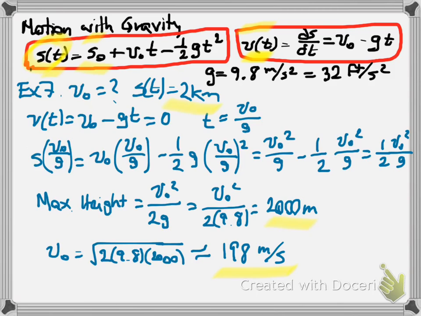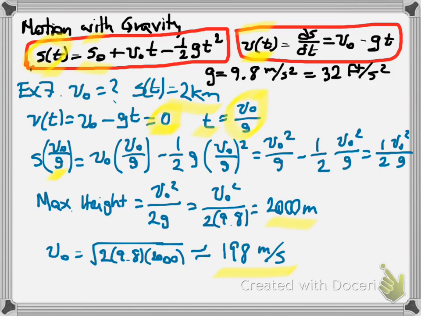That means when the derivative at the very top is 0, and the derivative is the velocity, because that's the change in position. That's why I set that equal to 0, solved for t, and used that in the position, because at that time the derivative equals 0.